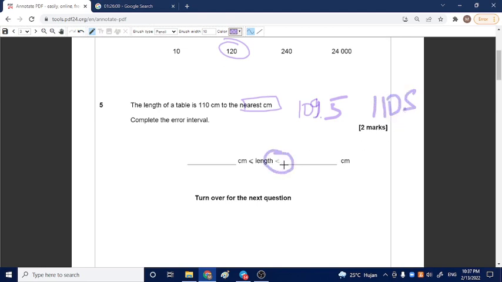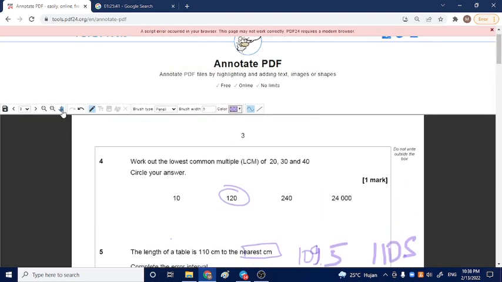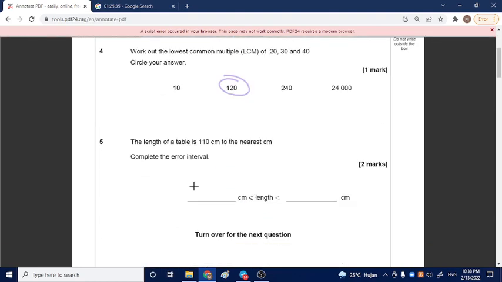Remember that if it's exactly 0.5, it would be rounded up to the next one, so having that sign is important. Oh no. Whatever. Alright, so the answer would be 109.5.